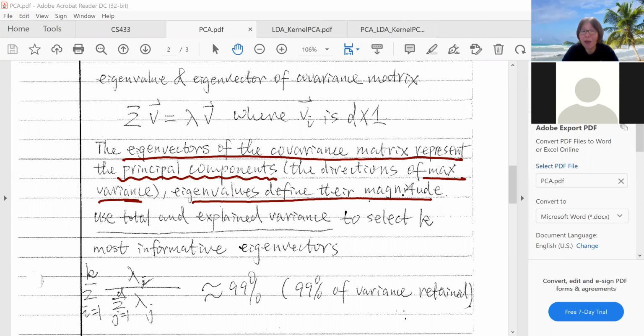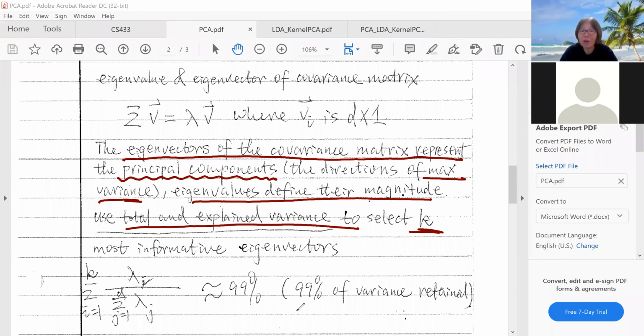So that's the math behind it. Generally speaking, how do we pick when we do PCA? We use the total and explained variance to select the number of eigenvalues and their respective vectors. We are not going to use all of them, okay?